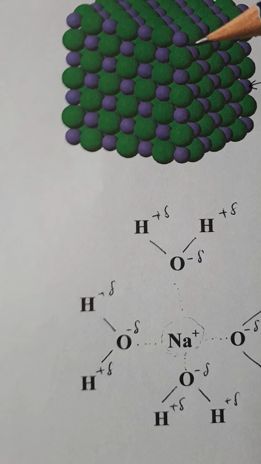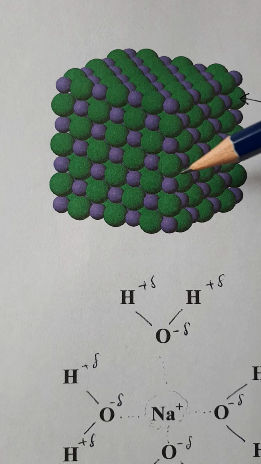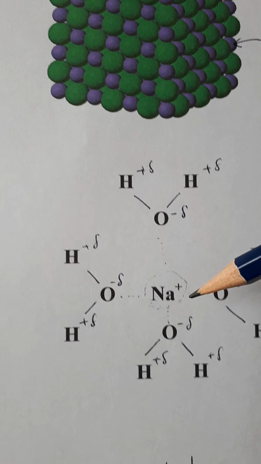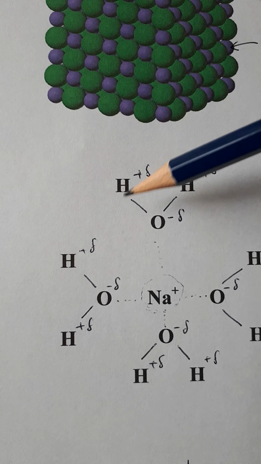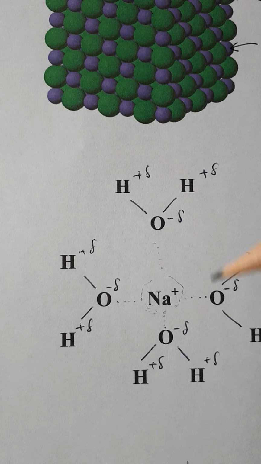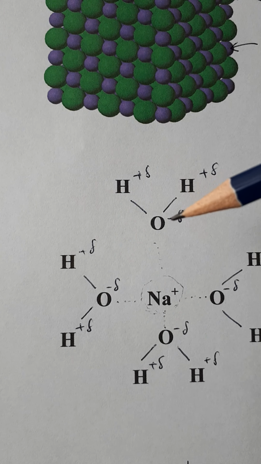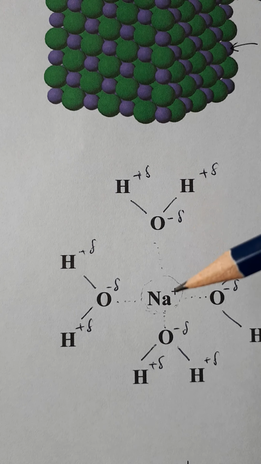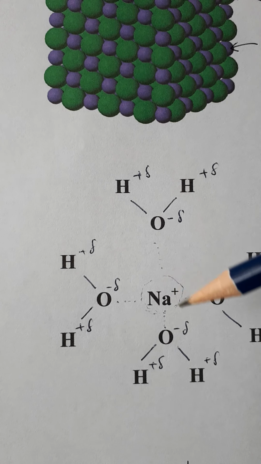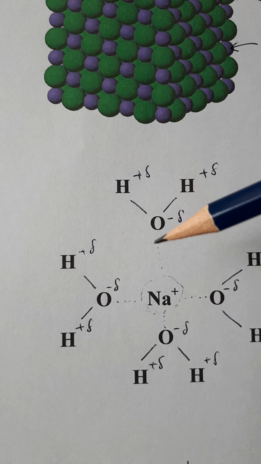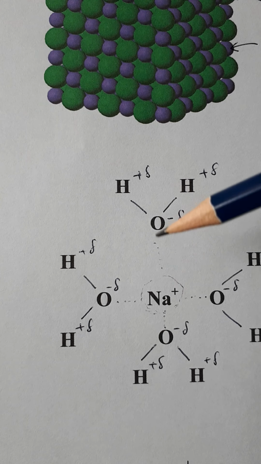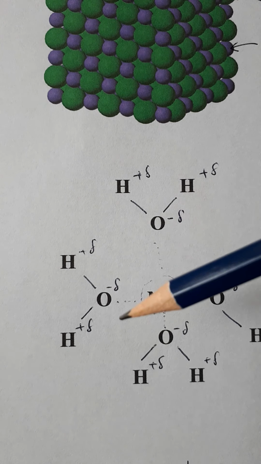This lattice will break and each sodium ion will be surrounded by several water molecules like this. See, the water molecules are showing their negative sides to the positively charged sodium ion. So they make a small electrostatic attraction between these two.